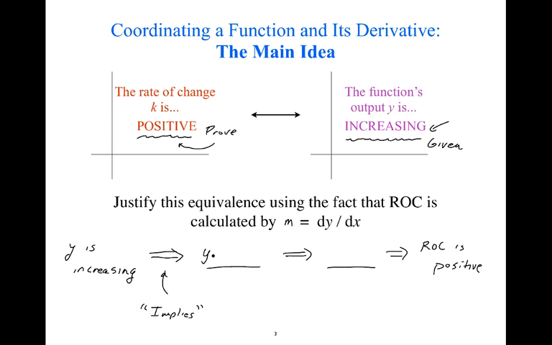So how do y final and y initial compare? Y final is greater, right? You're just skipping one step. Isn't this true? Without a doubt, if y is going up, then the final value of y is greater than your initial value of y. And then?